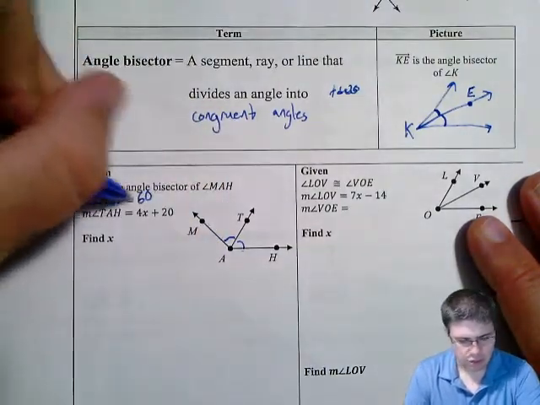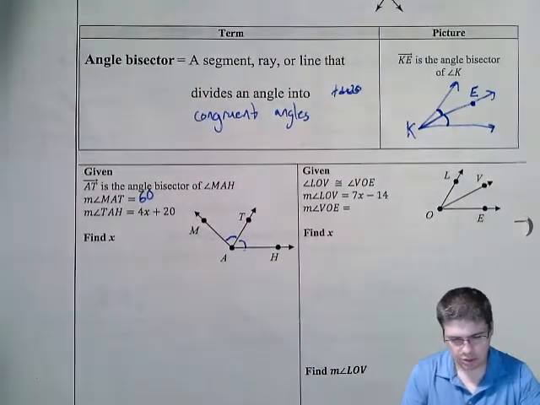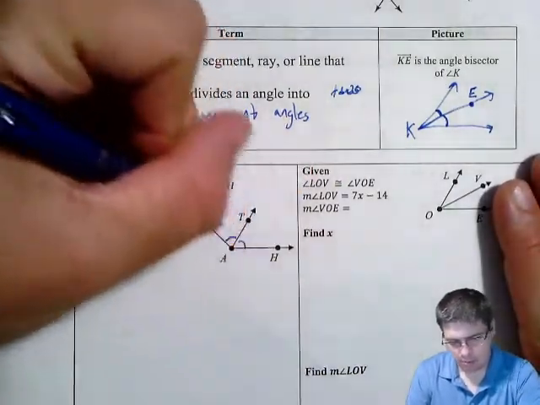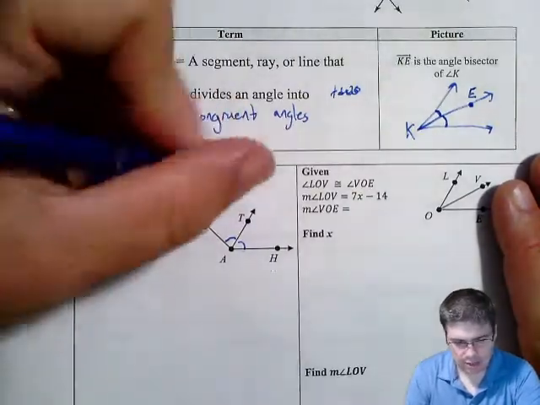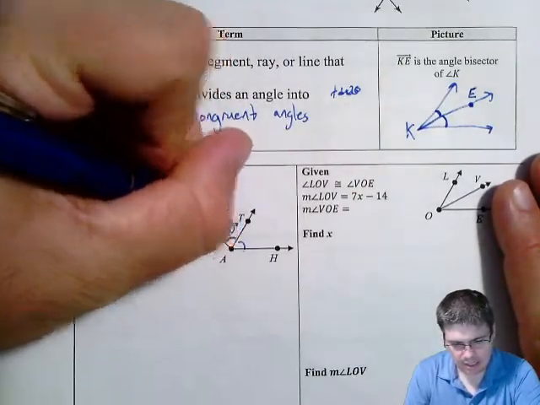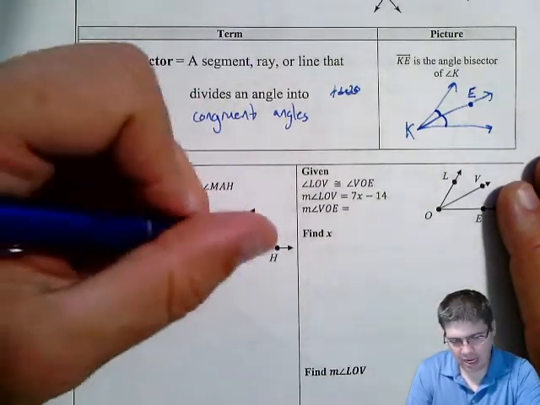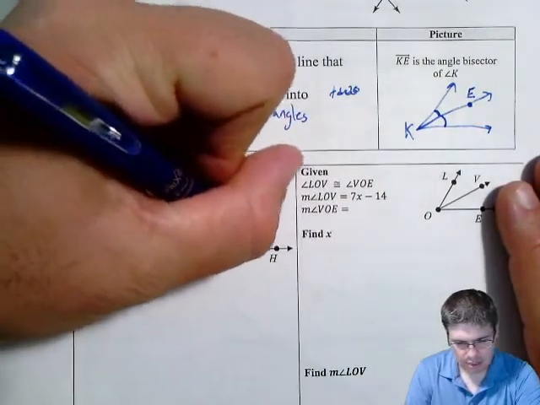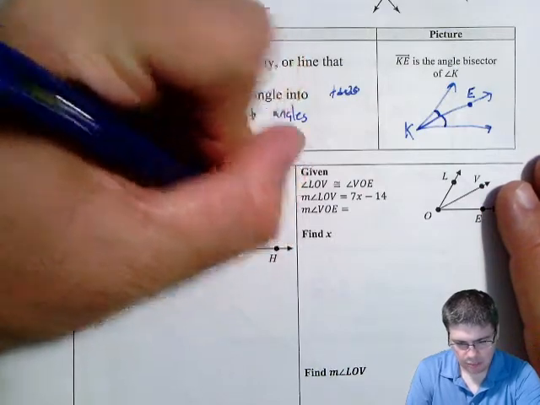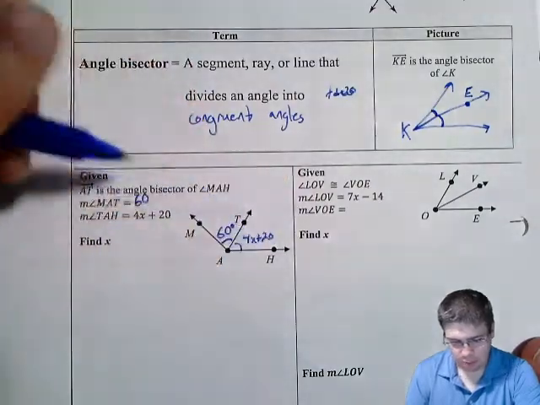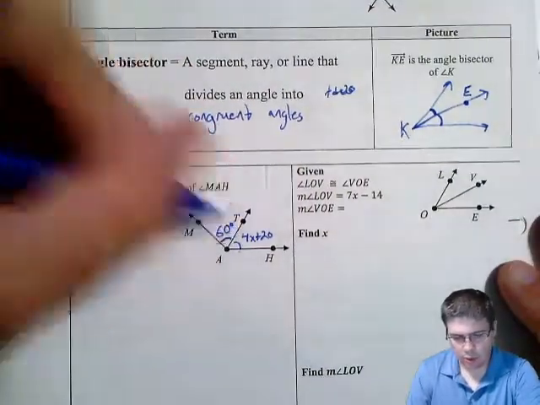That just should have been on that problem to be able to figure this out. So we can actually solve for x. If this is 60 degrees, and the measure of TAH is 4x plus 20, and that really is in degrees as well, because those angles are congruent, we know their measures are equal.